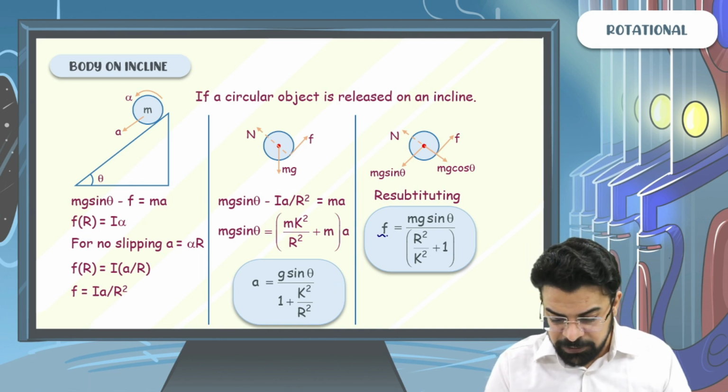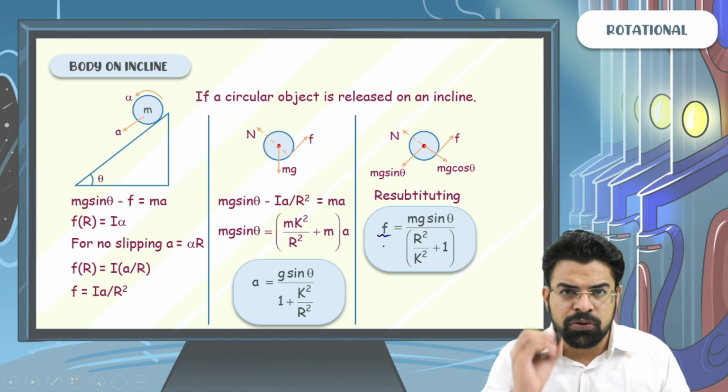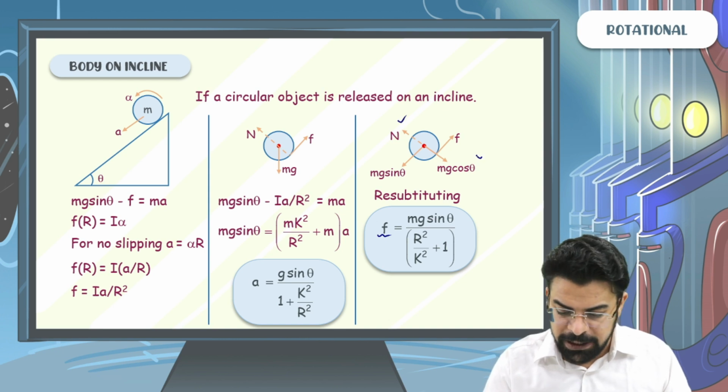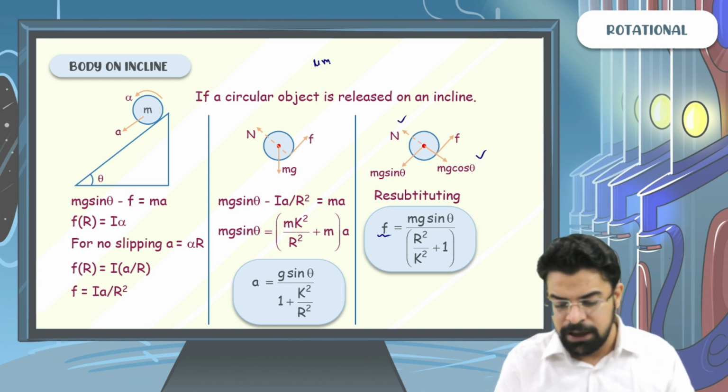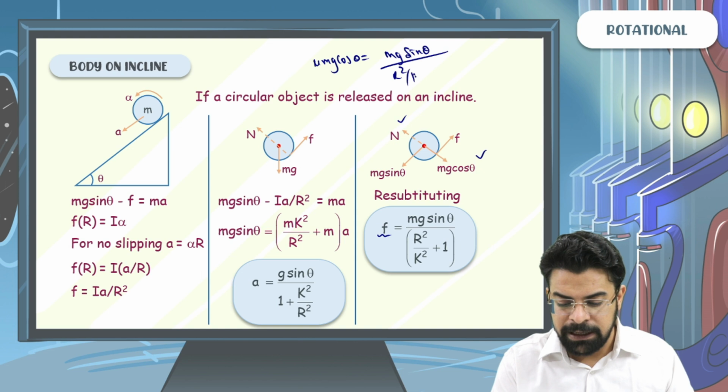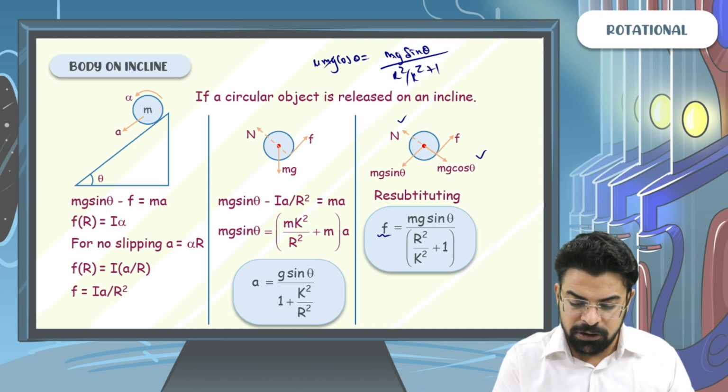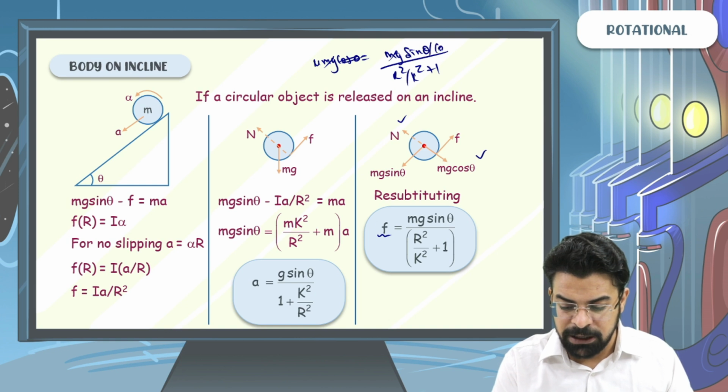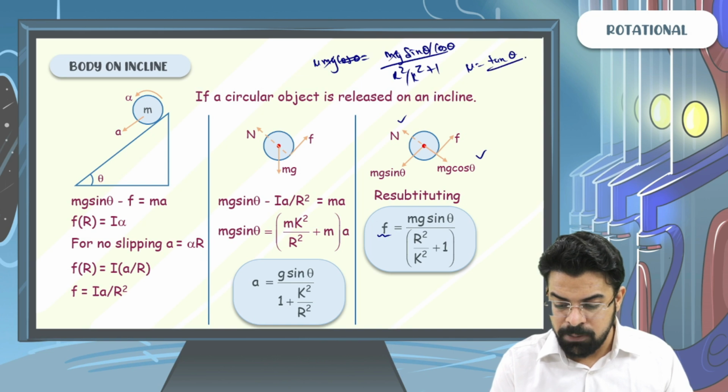Now in place of F, the friction force, you write mu n, and in place of n, you write mg cos theta. So you get mu mg cos theta equals mg sin theta upon R square by k square plus 1. To cancel out mg, bring this cos theta to the right hand side and divide. So you get sin theta by cos theta, which is tan theta. So mu comes out to be tan theta upon R square by k square plus 1.